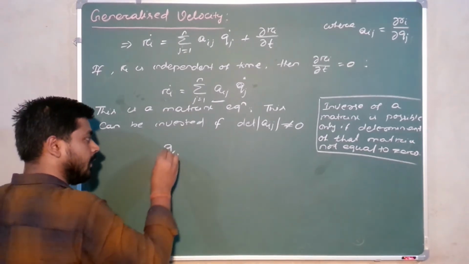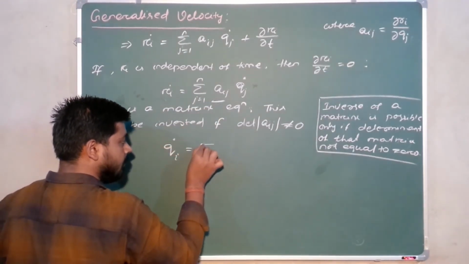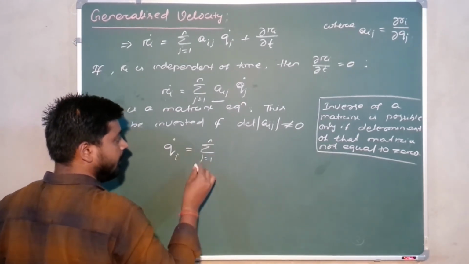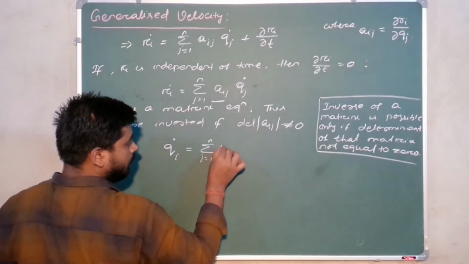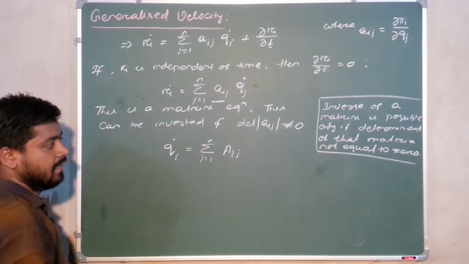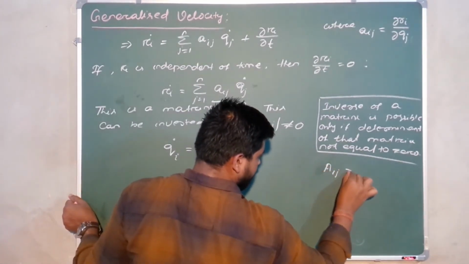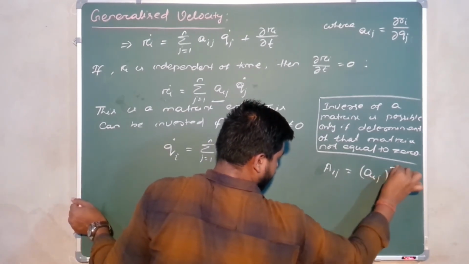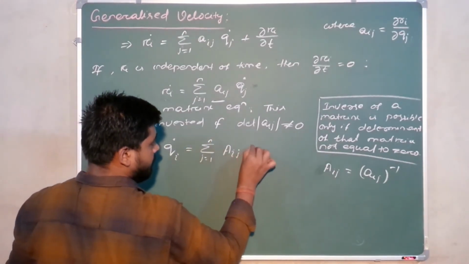That is, Qi dot equal to summation over j equal to 1 to n of capital Aij Rj dot, where capital Aij is equal to the inverse of small aij.